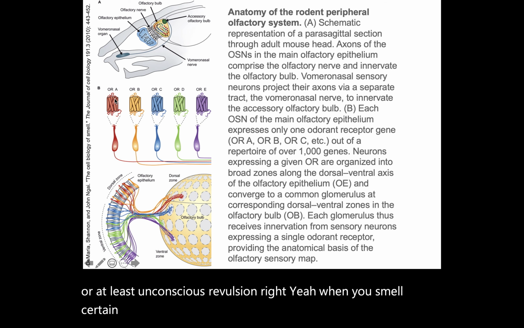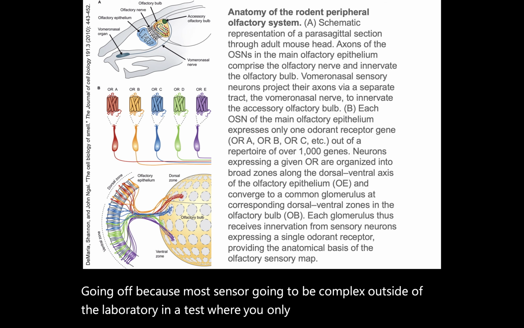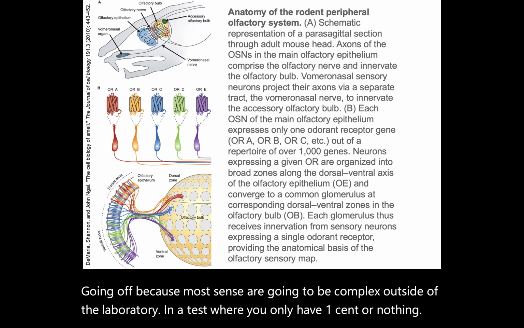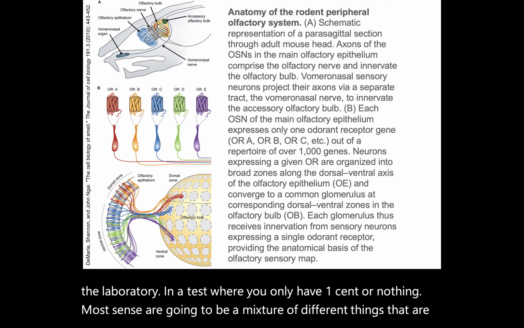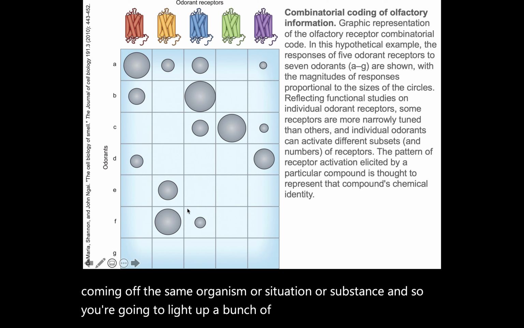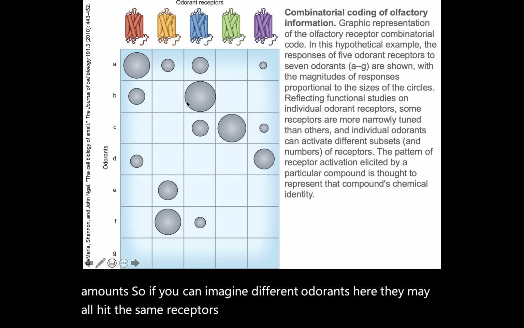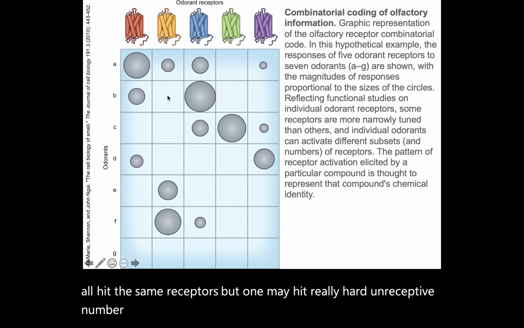And it's not just an individual receptor going off, because most scents are going to be complex outside of the laboratory, in a test where you only have one scent or nothing. Most scents are going to be a mixture of different things that are coming off the same organism or situation or substance. And so you're going to light up a bunch of different receptors to different amounts. So if you can imagine different odorants here, they may all hit the same receptors, but one may hit really hard on receptor number 3, a little bit on receptor number 1, and nothing on 2, 4, and 5.